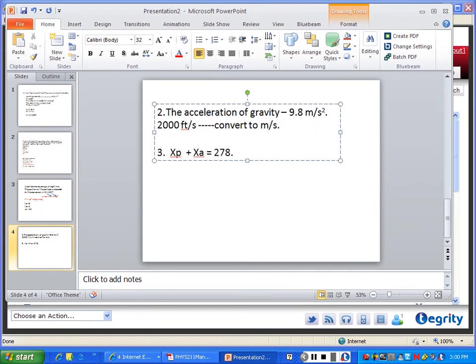Okay? And since each one is traveling at constant speed, the distance they travel can be related through x equals v times t, right? Okay. I think I'll leave that one at that.